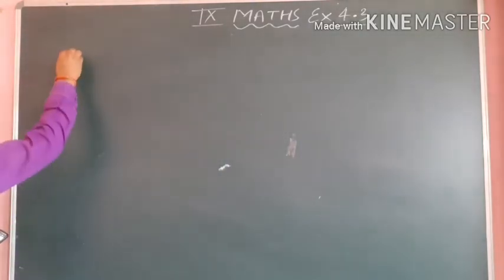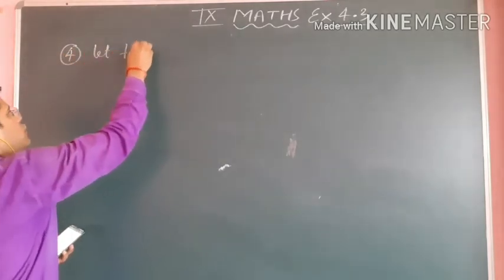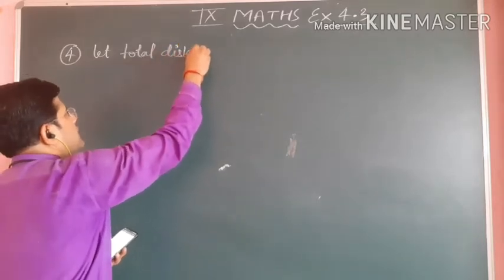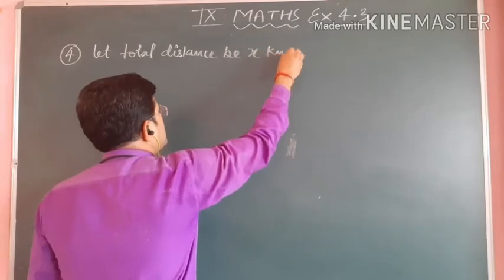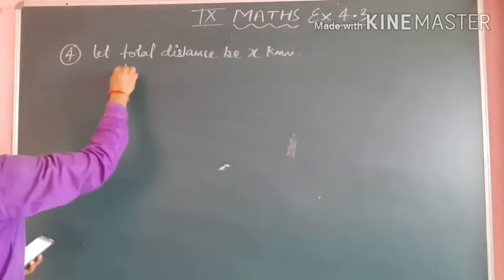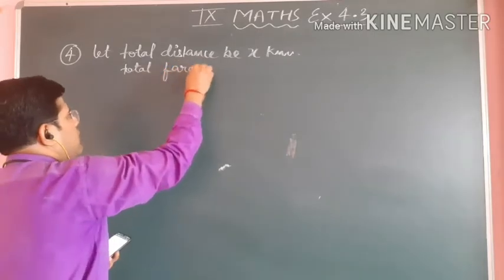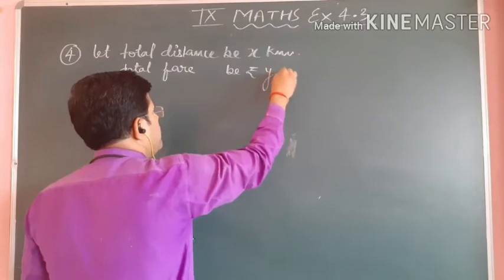So firstly we have to let the total distance be x kilometers and the total fare be rupees y.